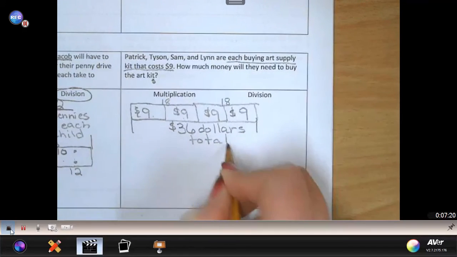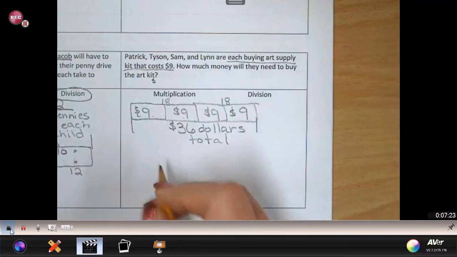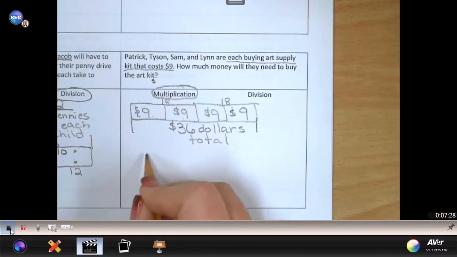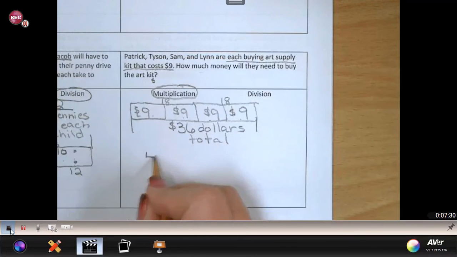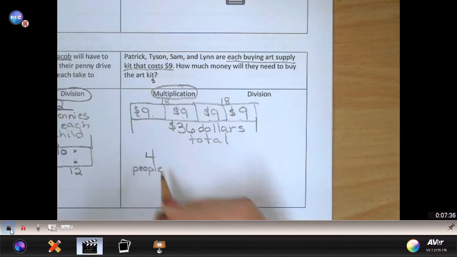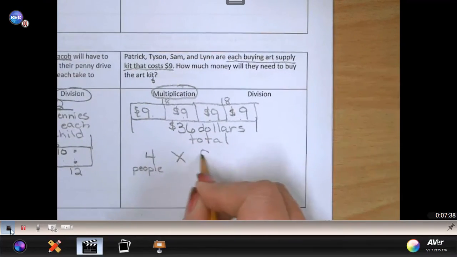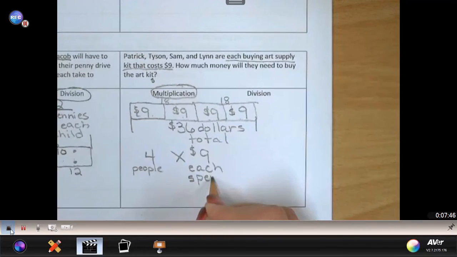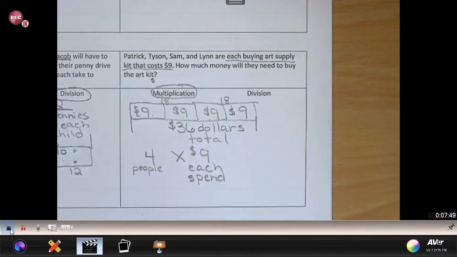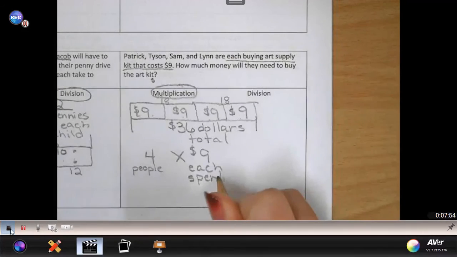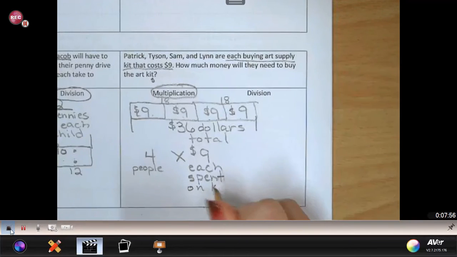Now, I'm going to take my understanding of that and write a multiplication sentence. So we know that this is multiplication. We're going to take our 4 people, which is Patrick, Lynn, Tyson, and Sam, and we're going to know that each one of them is going to have $9 that they're going to spend on this art kit. $9 each spent on kit.